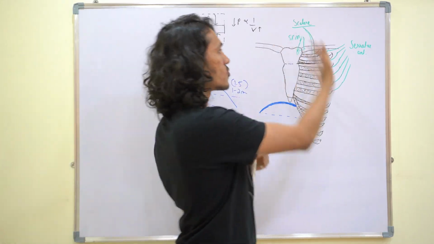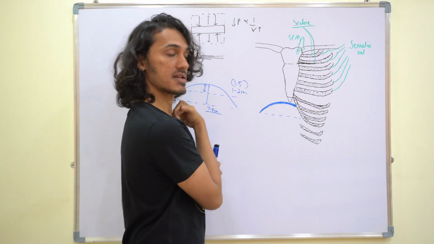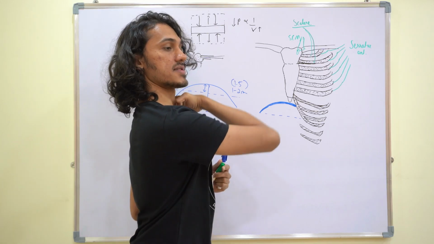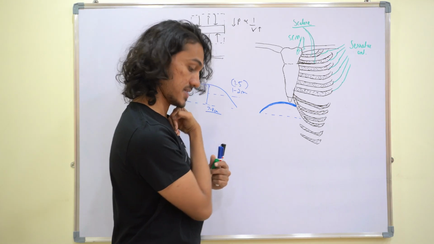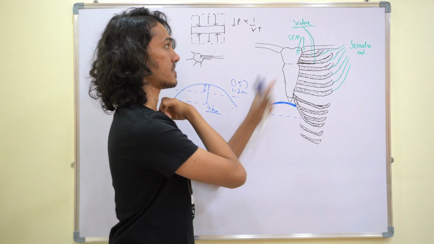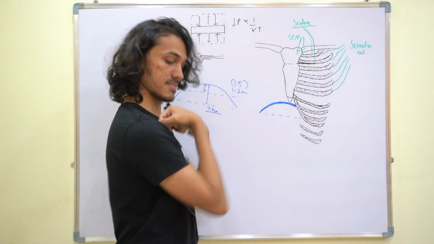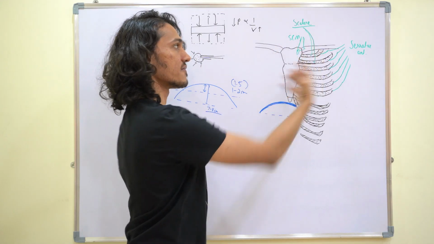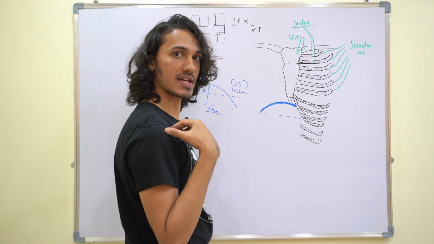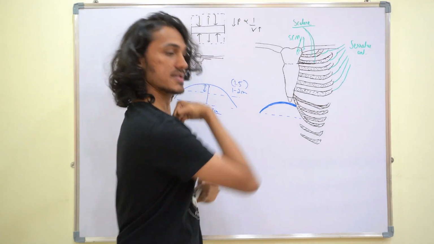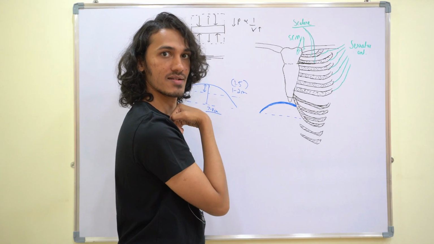So this sort of movement, because of this, will be seen like this. It will be sort of like this. See, your sternum is there and the sternum is lifted up by this, and scalene is pulling up your first 2 ribs, and serratus anterior is also pulling it out like that. So ultimately this kind of movement is what is called the pump handle movement.